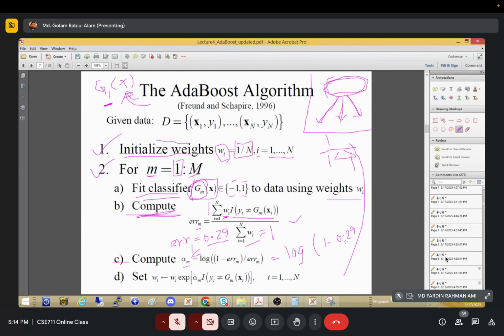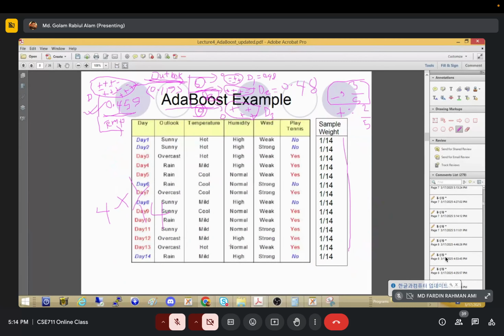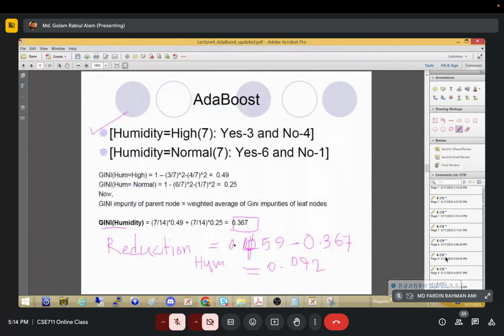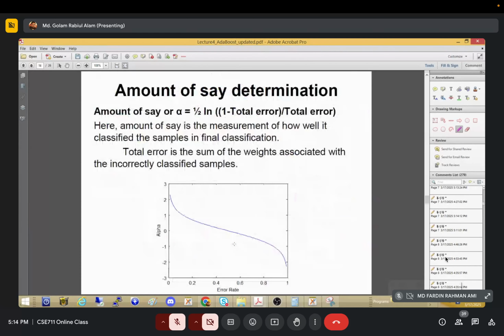0.29. 1 minus error divided by the error 0.29. Then we have to take the log of this. So if we find that, then the alpha value we have already calculated here.